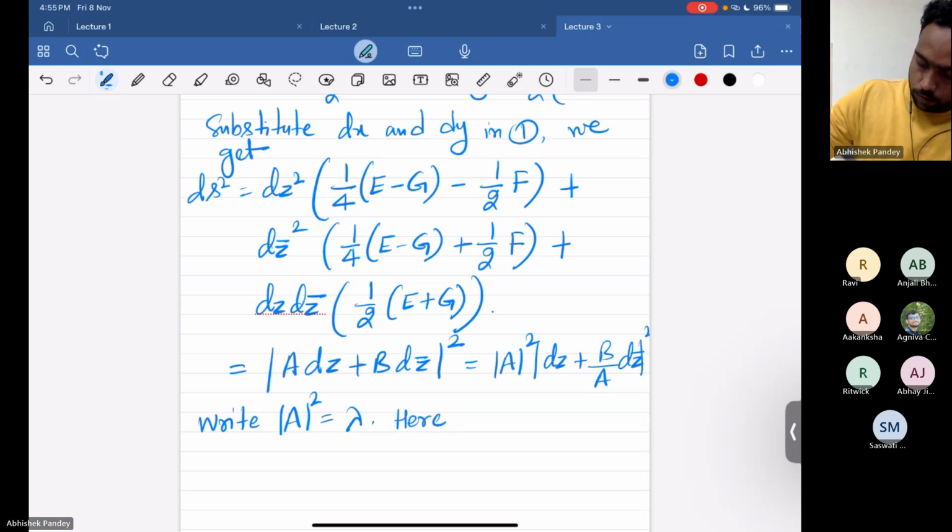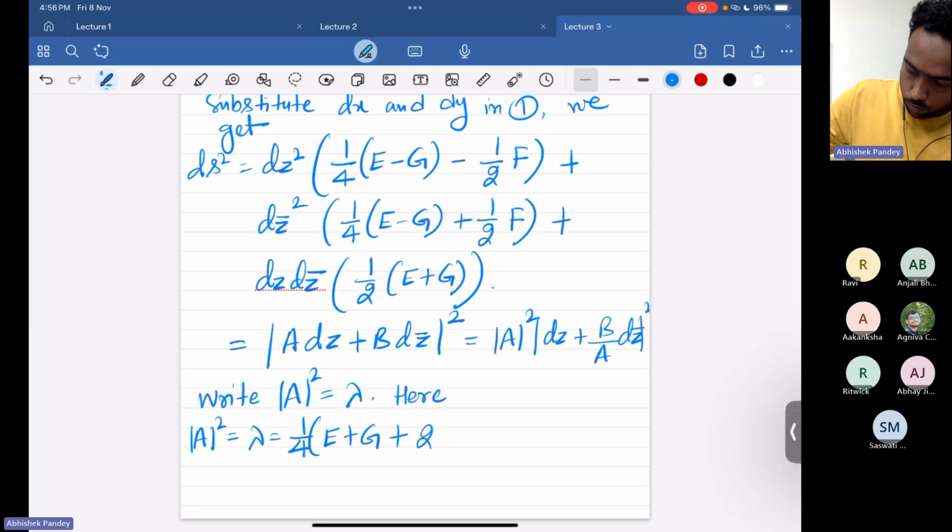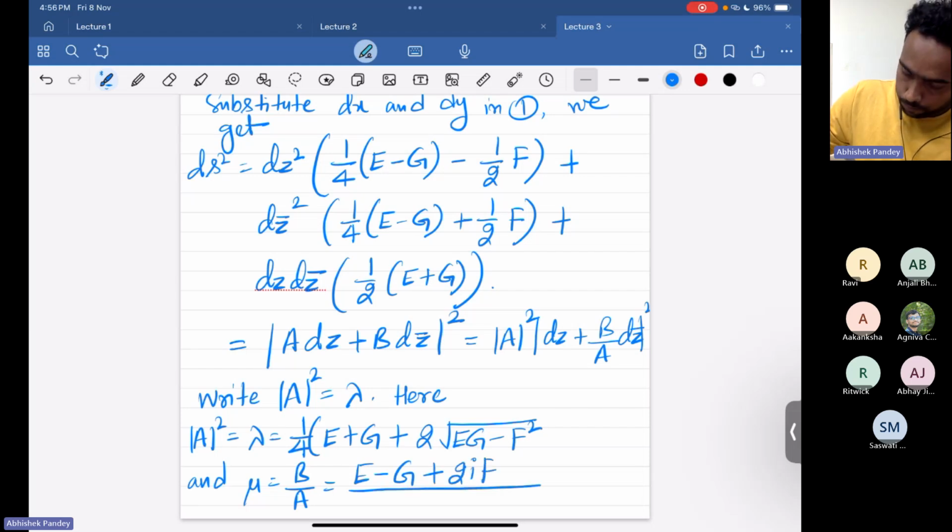Here lambda is nothing but 1 by 4 (E plus G plus 2 root of EG minus F square), and mu is basically B by A, which is (E minus G plus 2iF) upon the same quantity.